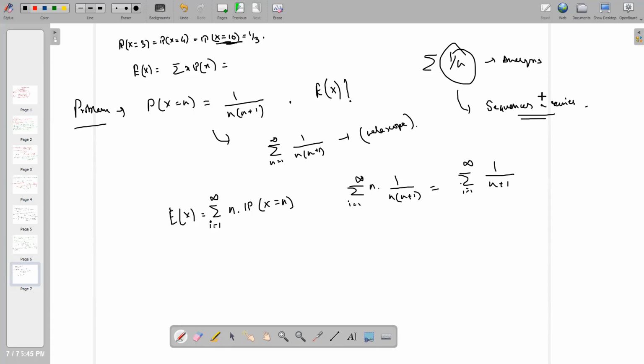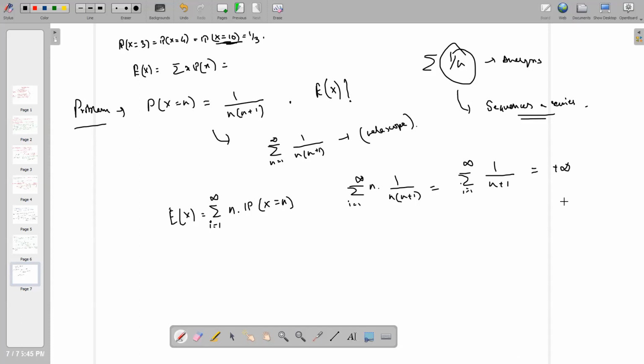Like something goes to something in distribution, something goes to something in probability. For those things, we need absolute convergence and the convergence of different series that we learn in analysis. So we need a bit of that. So this should be infinite, okay? And the expectation is not well defined in this case.